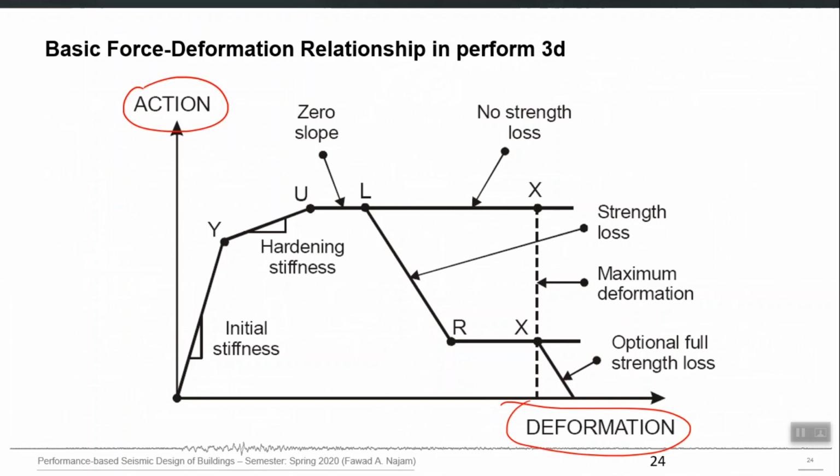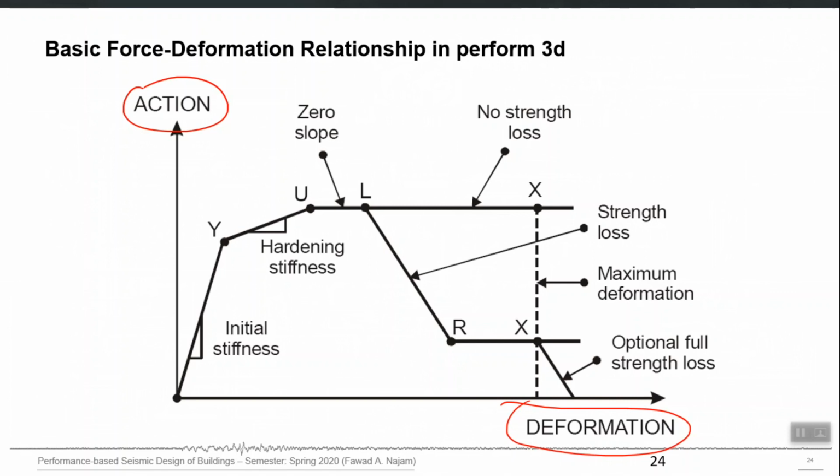I mentioned last time that ETABS is specific to ASCE 41. It follows ASCE 41 terminology, and everything is according to ASCE 41. Perform 3D is a more general program. It doesn't exactly follow ASCE 41. So, it provides you more control on the curve shape, right.